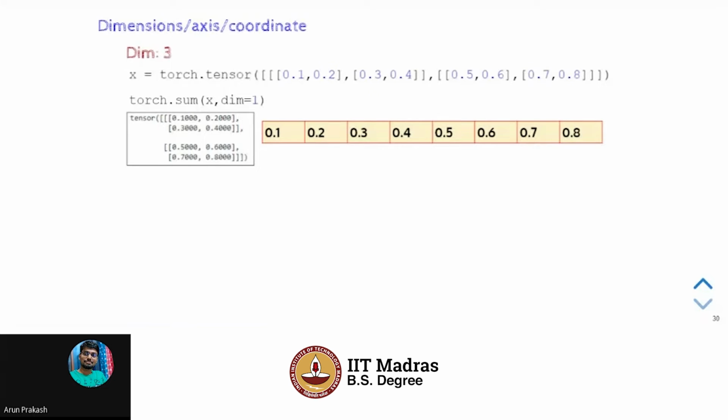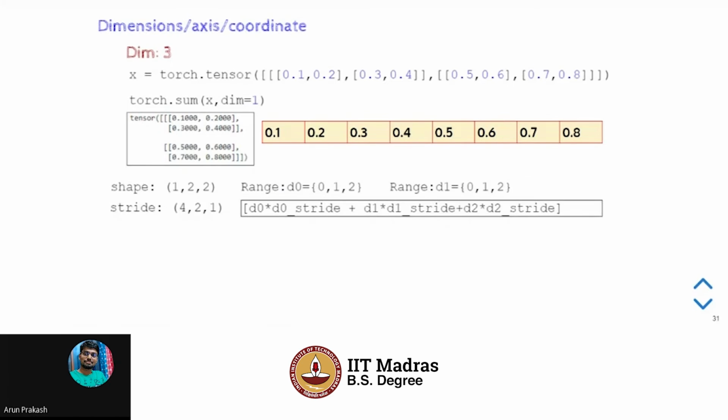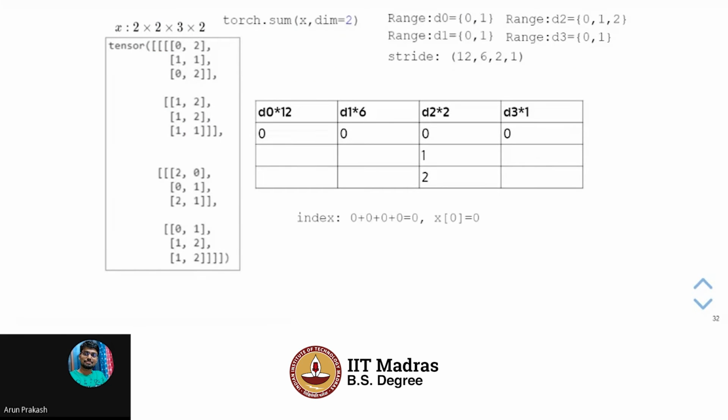I don't want to go into dim 3 because it is quite involved, but if you want, you can refer to this slide later. I'm just skipping. Even without making use of the stride information, which is quite big now because I am actually having this tensor, fortunately we can make use of the square bracket information to distinguish the dimensionality.